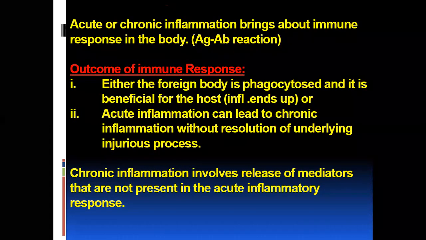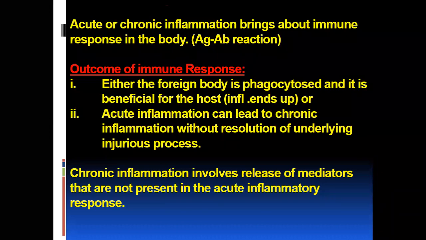What is inflammation? Because these are anti-inflammatory drugs, first of all we should know about inflammation. There may be acute or chronic inflammation, which brings about an immune response in the body, that is, an antigen-antibody reaction in response to any inflammation.